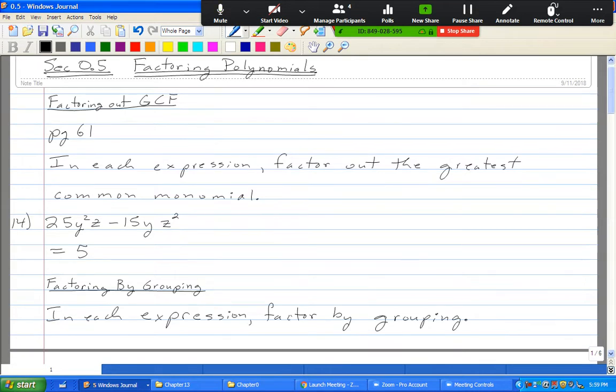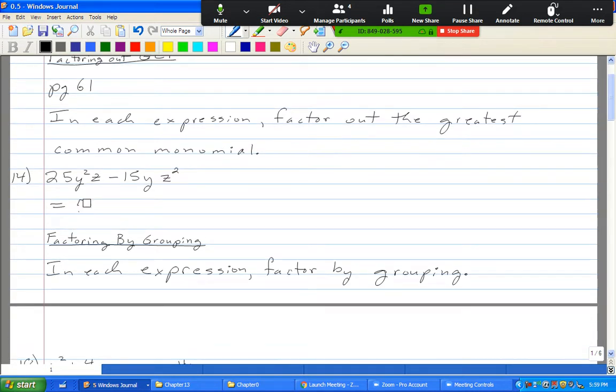For the polynomial part, it's actually easier than even the integer part. You just look for the lowest power in common: y squared and y, so y; z and z squared, so z. Let's divide 25y squared z by 5yz, and so I get 5y.